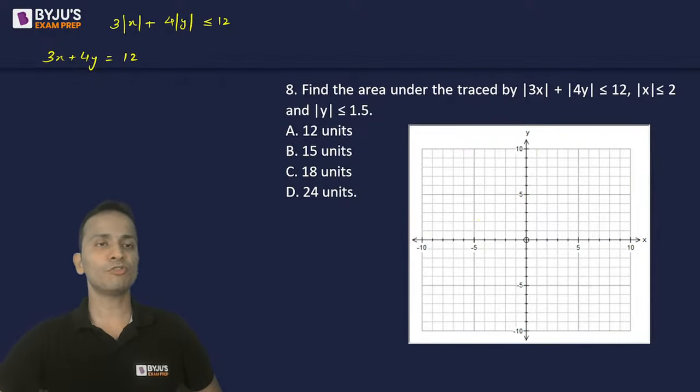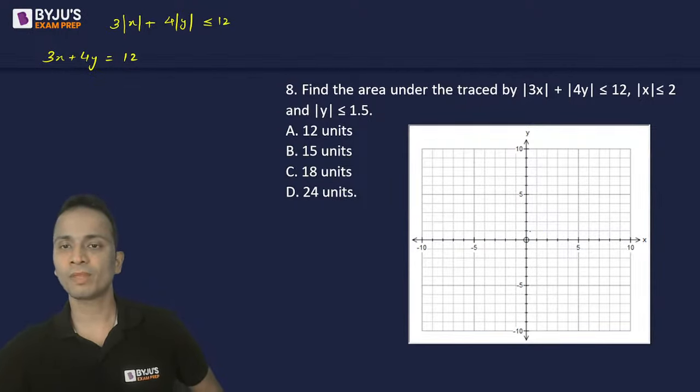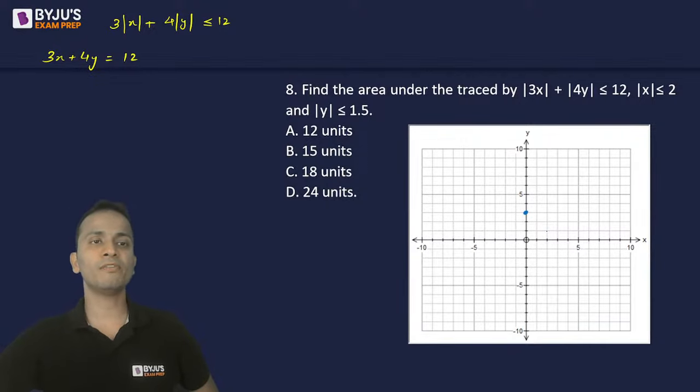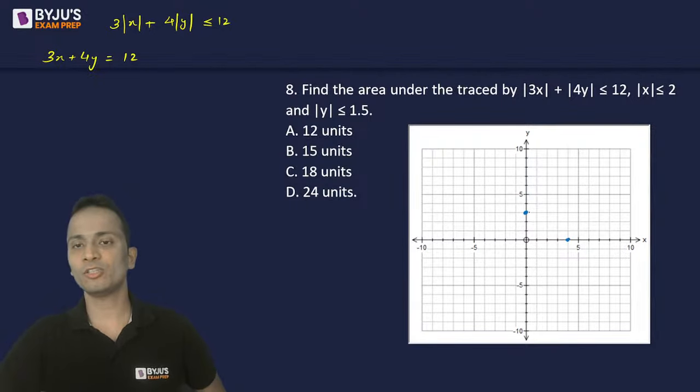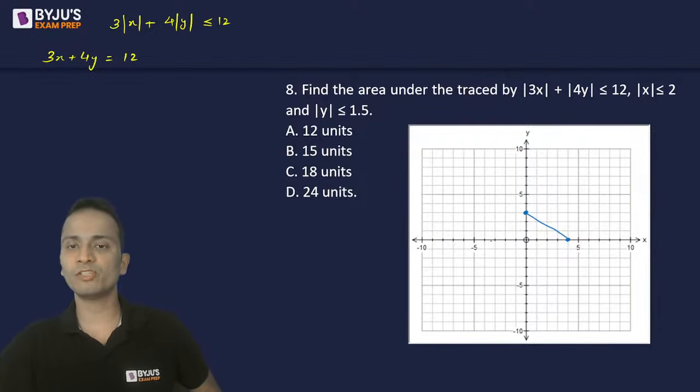Now when x is 0, y is equal to 3. So y equal to 3, I mark it. So this is y equal to 3, and when y equal to 0, x is equal to 4. All right. So in the first quadrant, the graph will be like this. Similarly, in the second quadrant, it will go up till x equal to minus 4, like this.